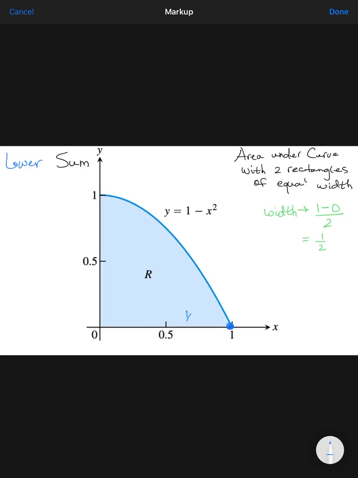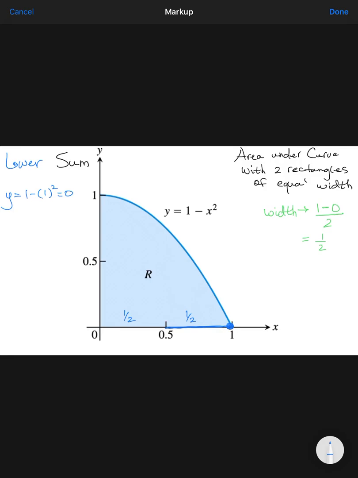We already know the width of these guys is 1/2. When we plug in 1, y equals 1 minus 1 squared.